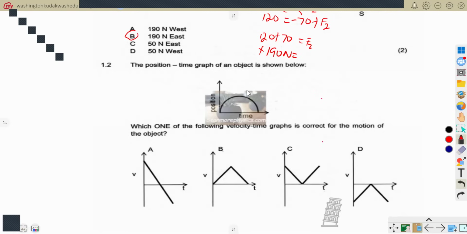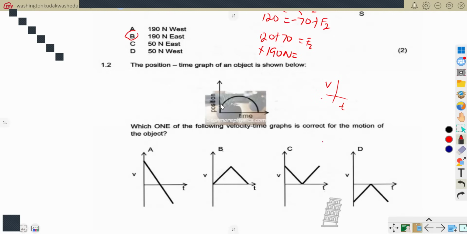So they are saying that from this position time graph, you are able to draw a velocity time graph. So what is it that we know from a position time graph about velocity? We know that the gradient from this position time graph gives us the velocity.